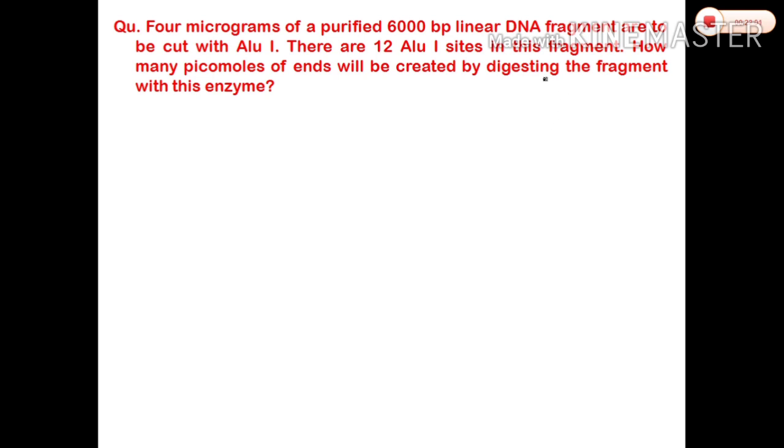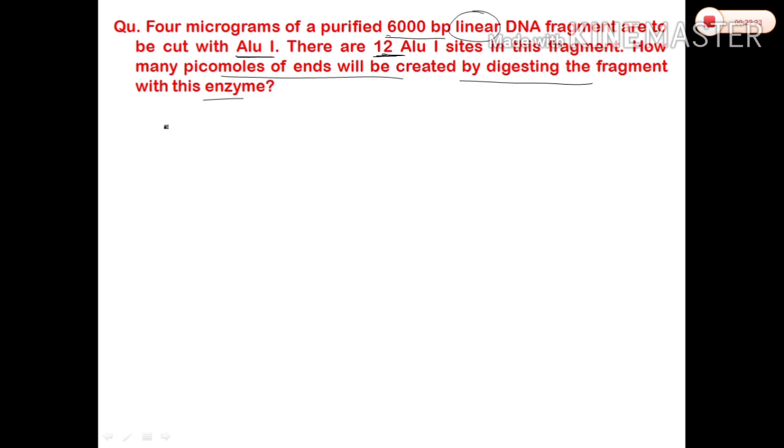Quickly, we have another example. 4 micrograms of purified 6000 base pair linear DNA, keep in mind, is cut with AluI, and 12 AluI sites are there. So 12 restriction enzyme sites are there. How many picomoles of ends will be created by digesting the fragment? Again, this is very simple.